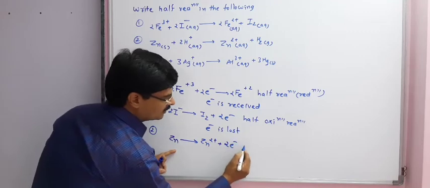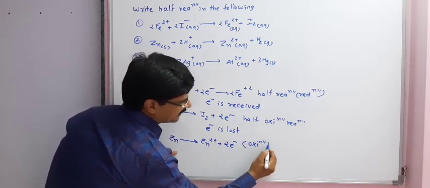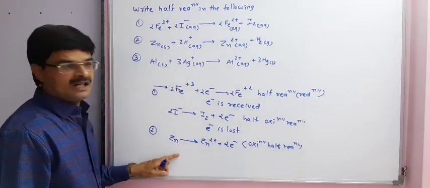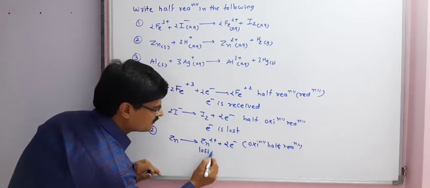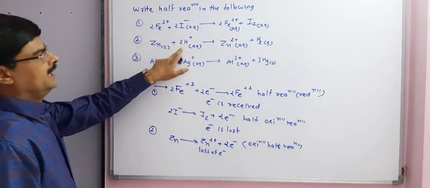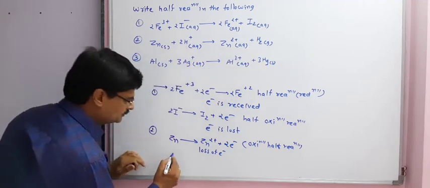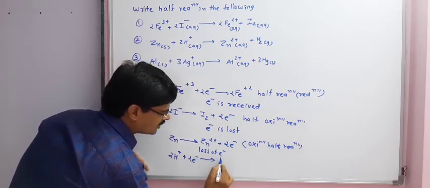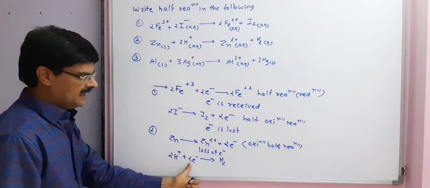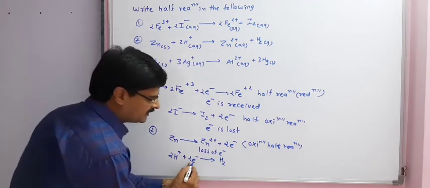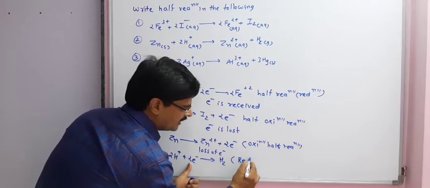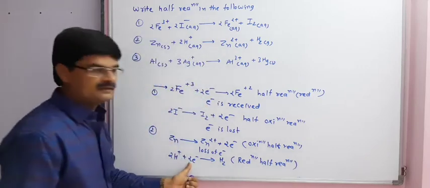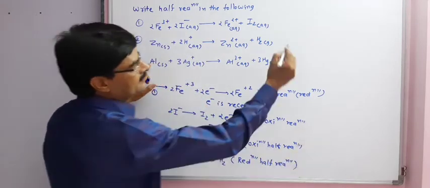It will lose 2 electrons, meaning this is the oxidation half reaction. Loss of electron. And 2H+ gives H2. 2H+ by gaining 2 electrons converts to hydrogen. Here electron is received, and that is why it is the reduction half reaction.